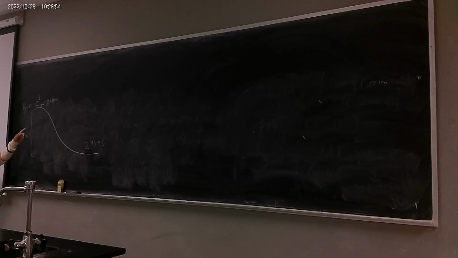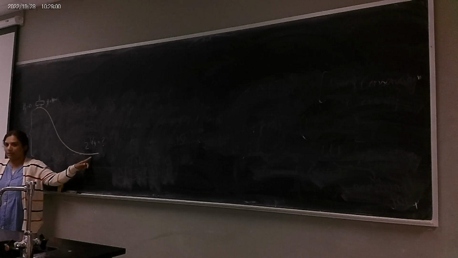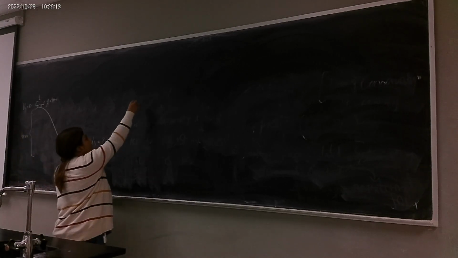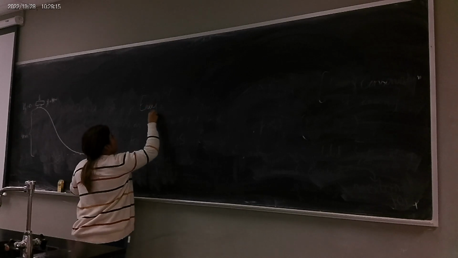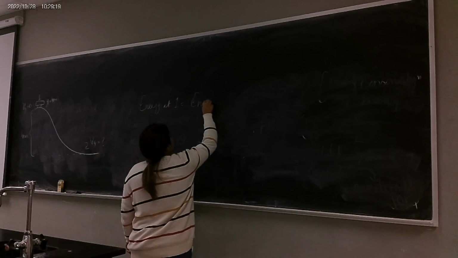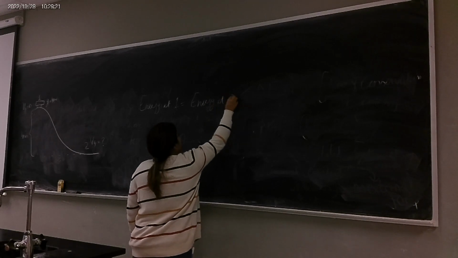Whatever the total energy here, kinetic energy plus potential energy, whatever the total energy here, kinetic energy plus potential energy, they both should be the same, right? Because of the law of conservation of energy, the total energy of the system always remains constant. So energy at 1 must be equal to energy at 2.